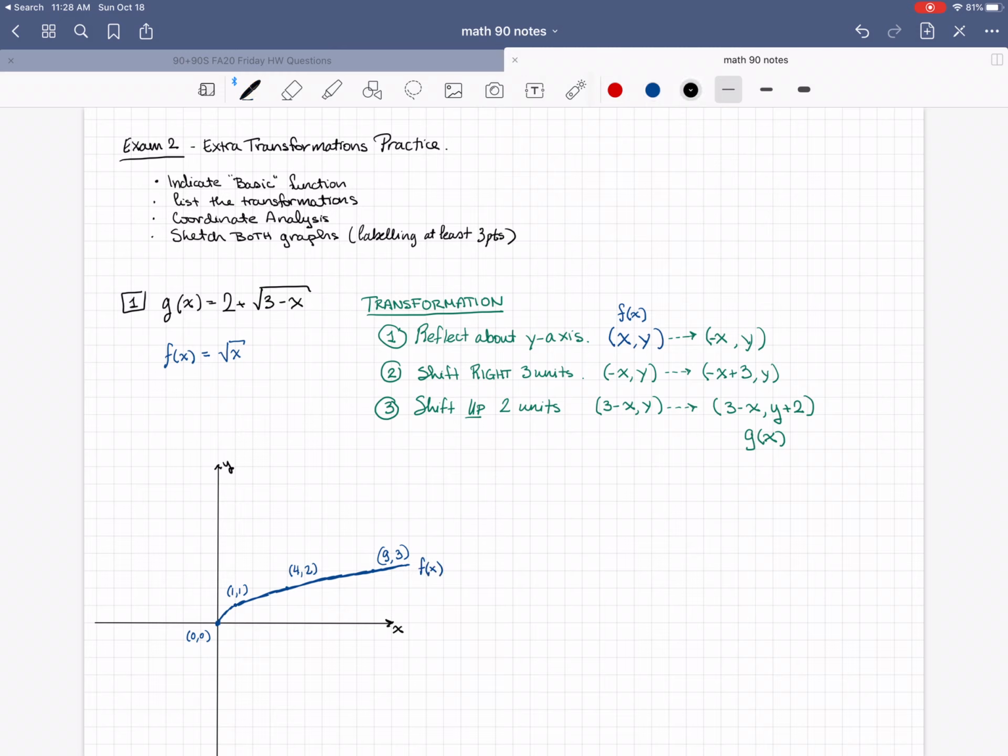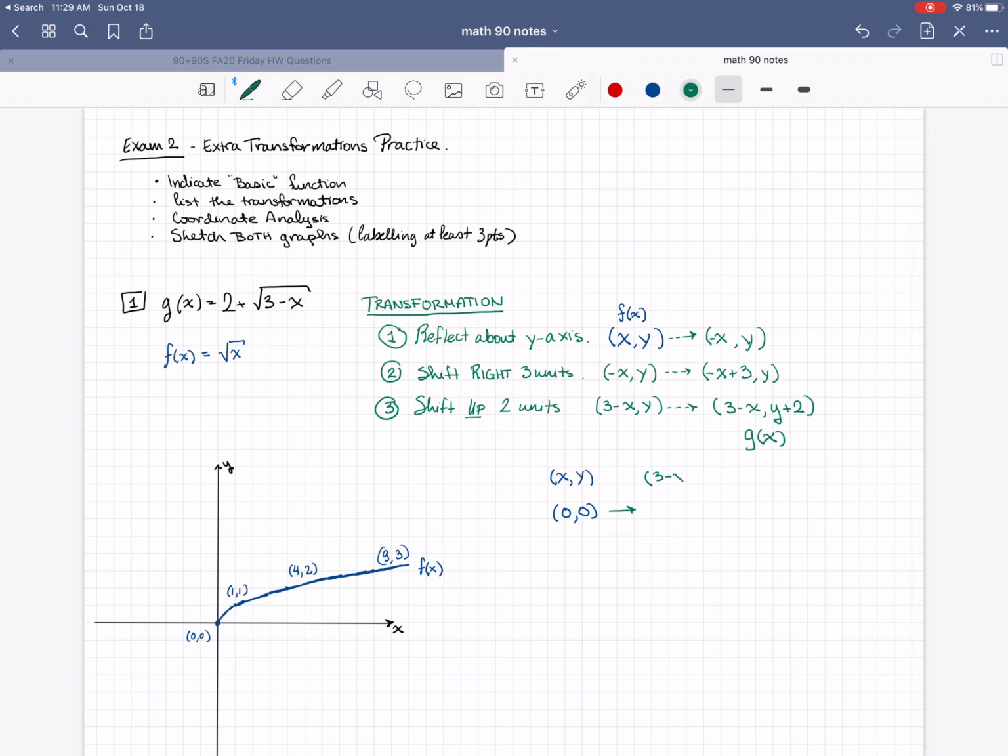Now let's think about g of x, right? So we've done the coordinate analysis already, okay? So let's use it. So if 0, 0 is our x, y, what does that end up as?